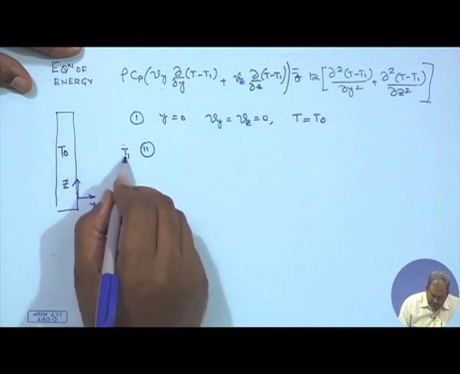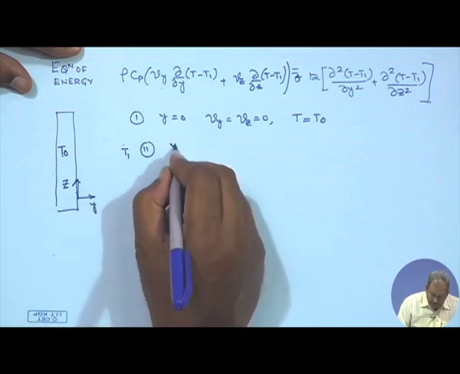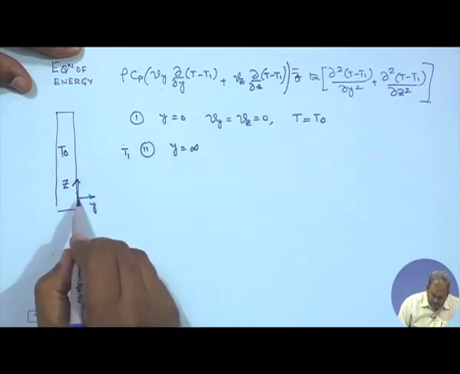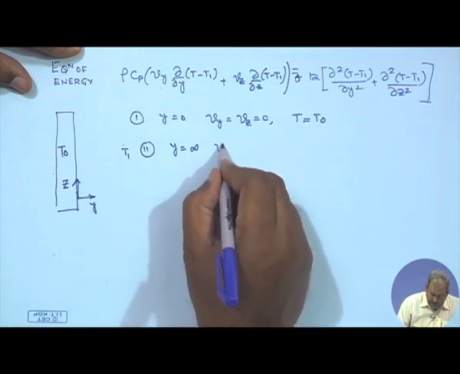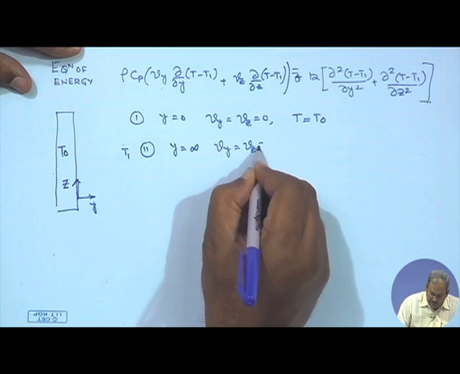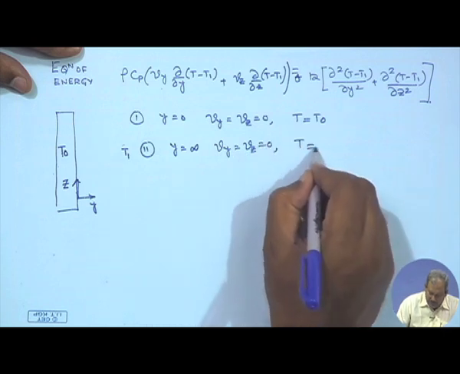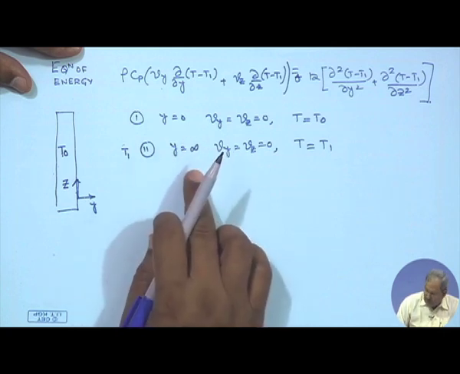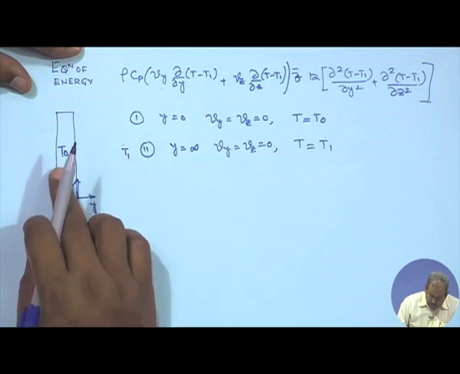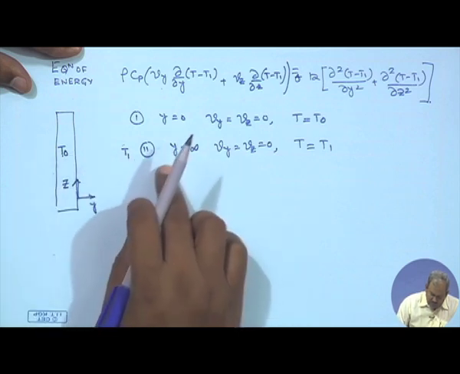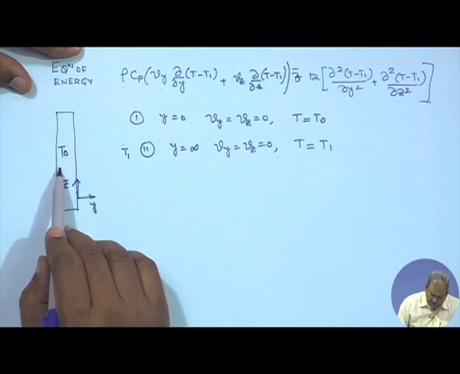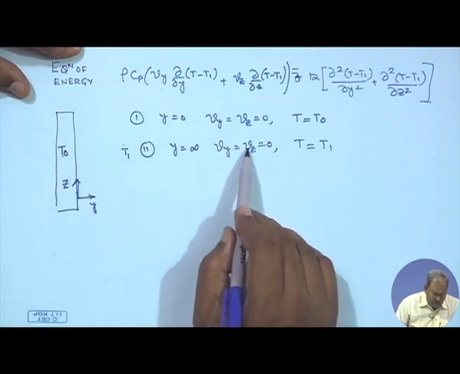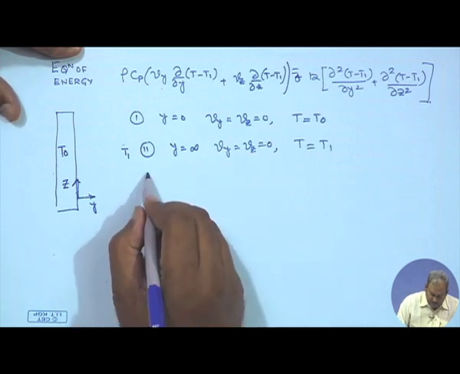So, both these temperatures are constant. At y equals infinity, that means at a point far from the plate, again Vy and Vz both will be 0 and T would be simply equal to T1. At a point over here, there is no effect of the solid plate, and therefore, no motion is induced because of the presence of the solid plate, and therefore, all of them are going to be equal to 0.